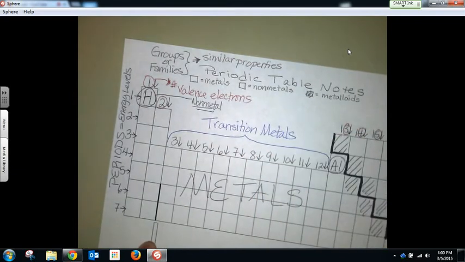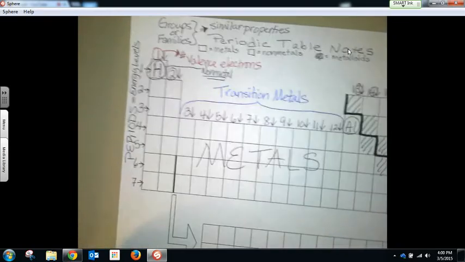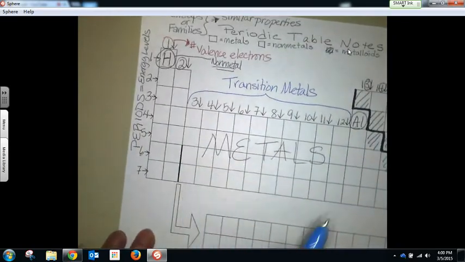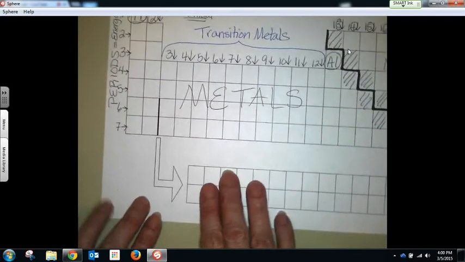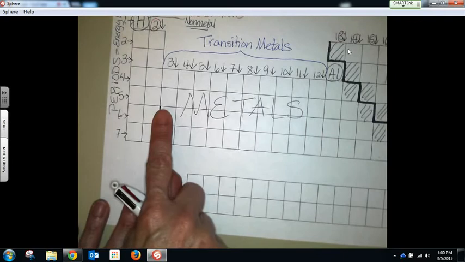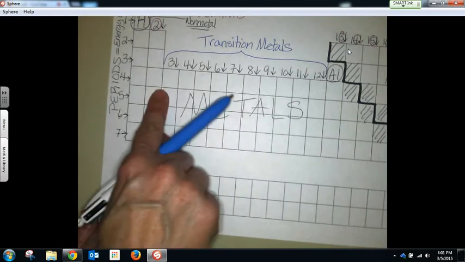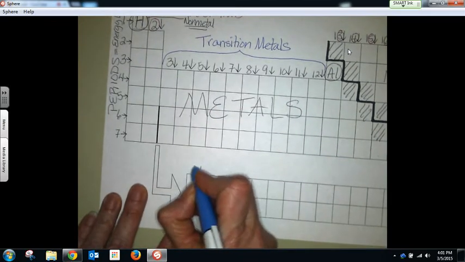Okay, so write that. And then notice this little line here. What that means is this section down here actually fits right in there. And the reason we don't put it in there is because it would make our periodic table take up the entire length of the room. So this fits up there. These are called the inner transition metals.